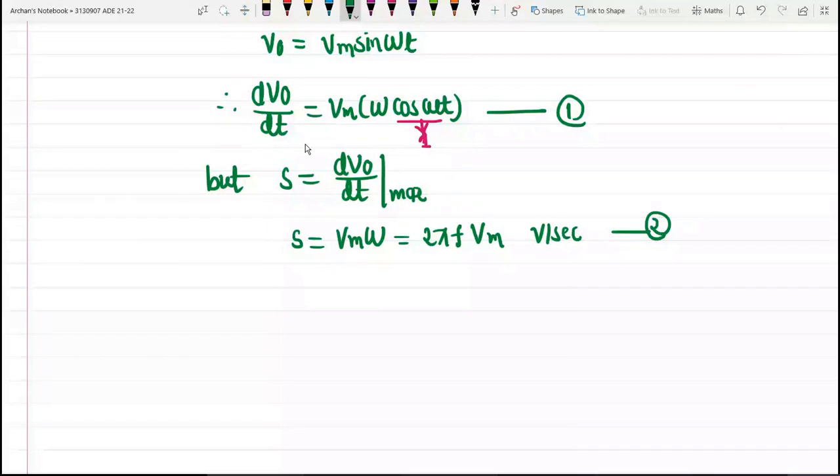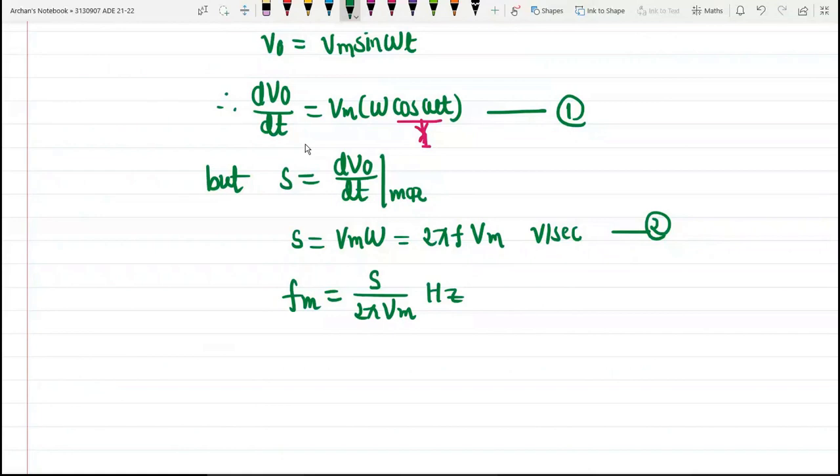Okay, now for distortion-free output, the maximum allowable input frequency, which is Fm, can be obtained as Fm equal to S upon 2 pi Vm hertz.